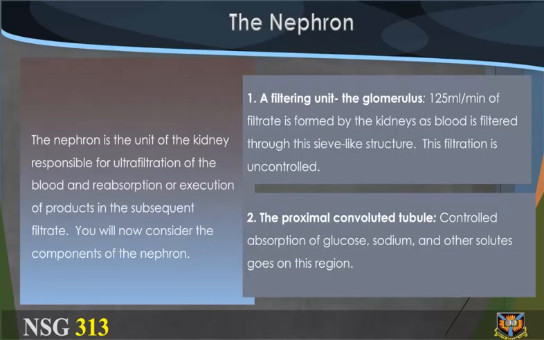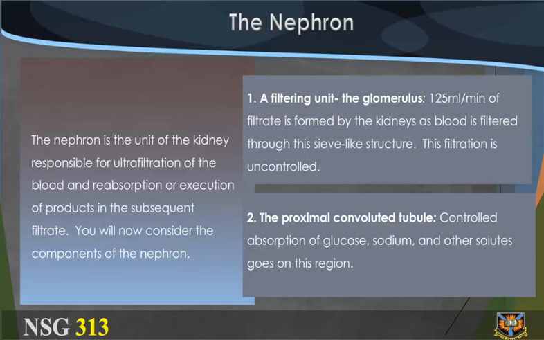The nephron. The nephron is the unit of the kidney responsible for ultrafiltration of the blood and reabsorption or excretion of products in the subsequent filtrates. You will now consider the components of the nephron. 1.